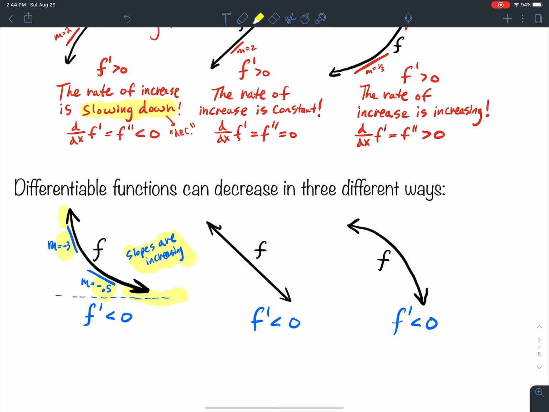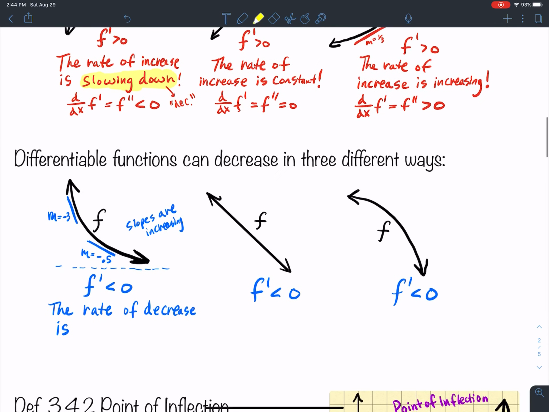Now, for this one, it looks like it's leveling off at 0, so my slopes aren't going to become positive. They're leveling off at 0, maybe at the infinity point. But they are nevertheless increasing. So the rate of decrease is slowing, which means that it's increasing.